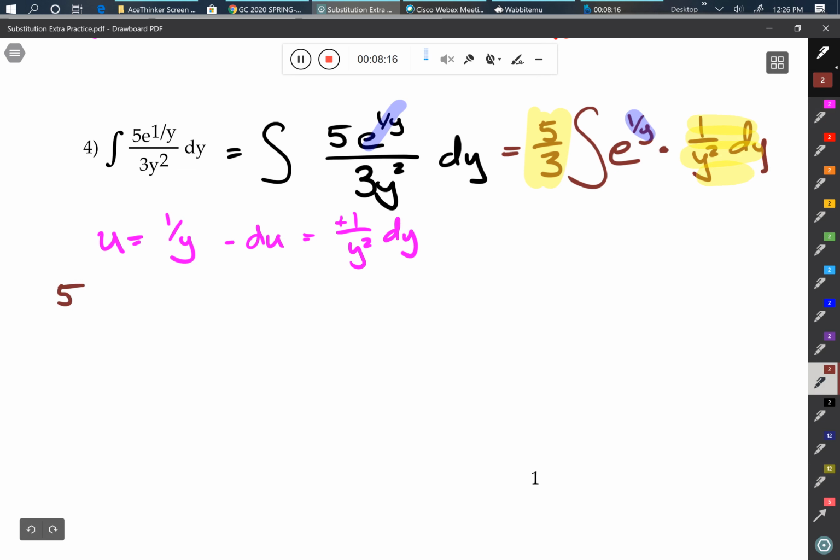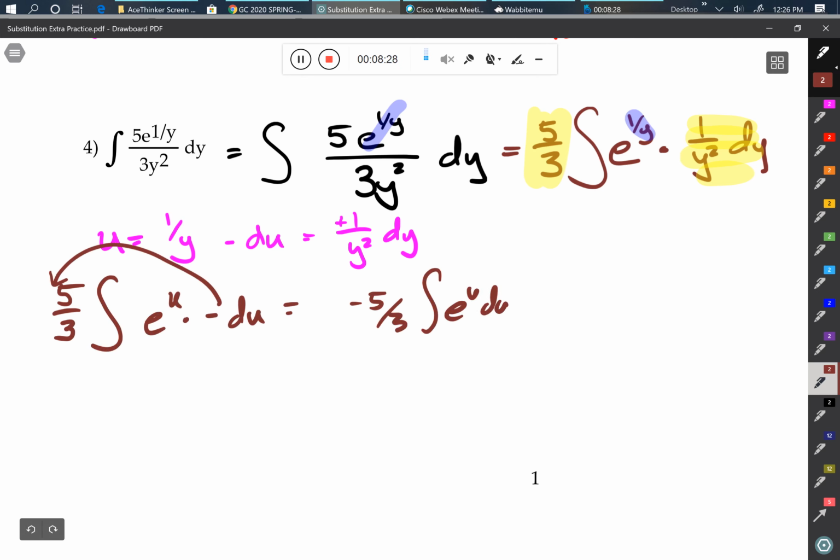So the 5/3 didn't get substituted, so it's still there. The integral of e to the u times negative du, but I can just move that negative out in front, and then that's negative 5/3 integral of e to the u du. Integral of e to the u du is just e to the u. So that's going to give me negative 5/3 e to the u plus c.